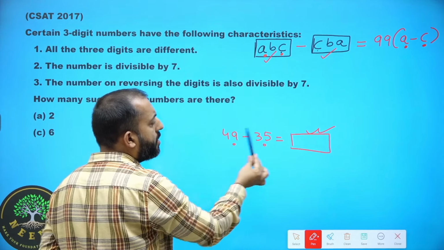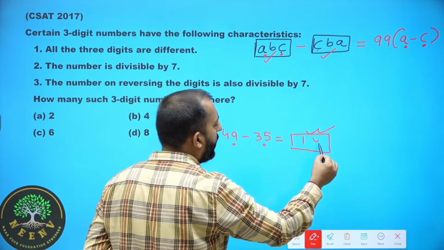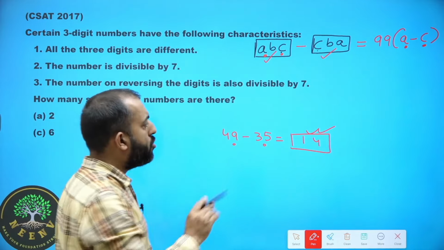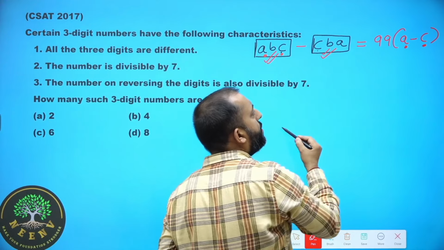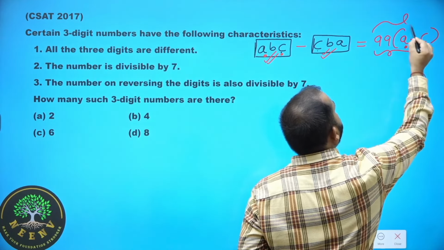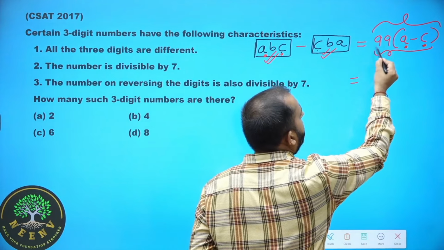If you subtract these two numbers, the result obtained will also be divisible by 7 for sure. So, since ABC is divisible by 7 and CBA is divisible by 7, the result obtained should be divisible by 7 for sure. Now, in the result, we are having 99.